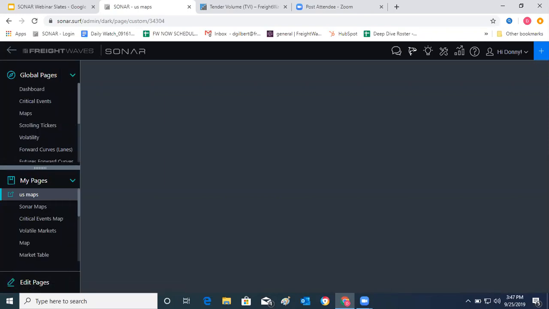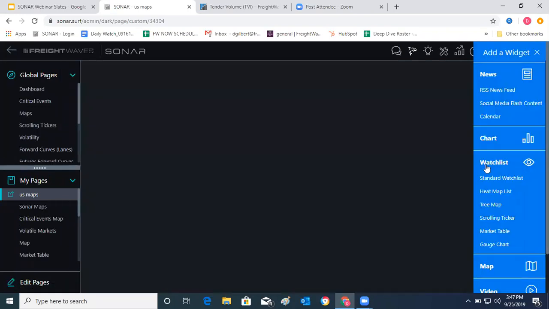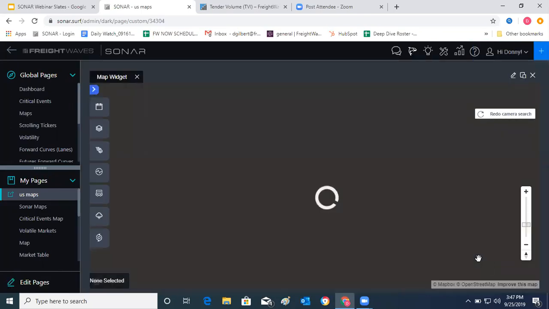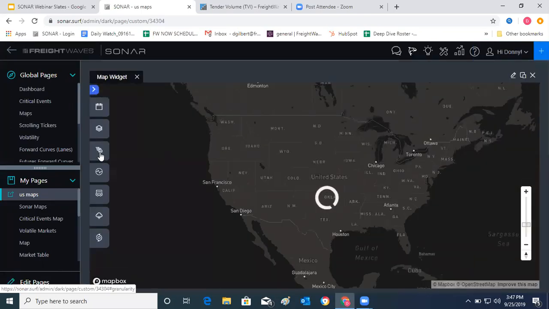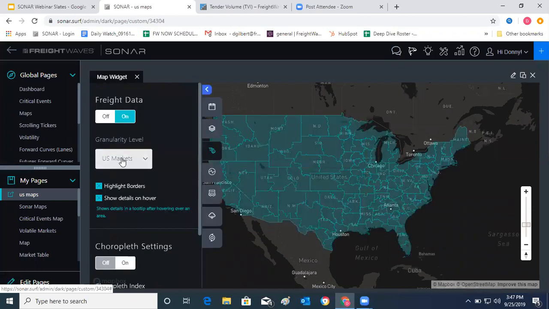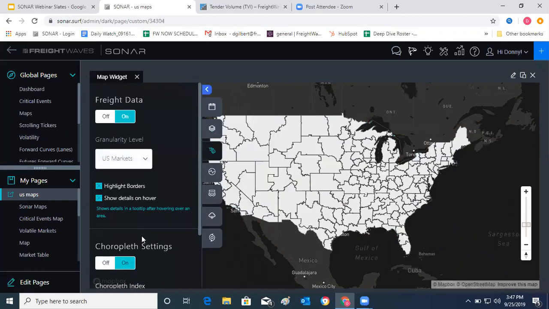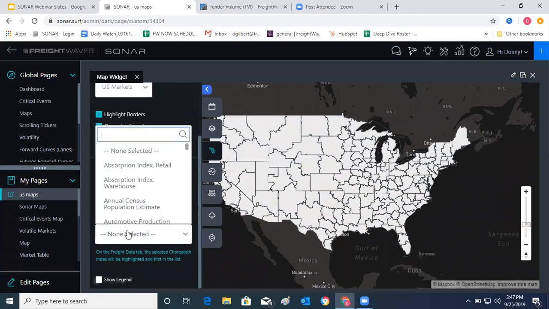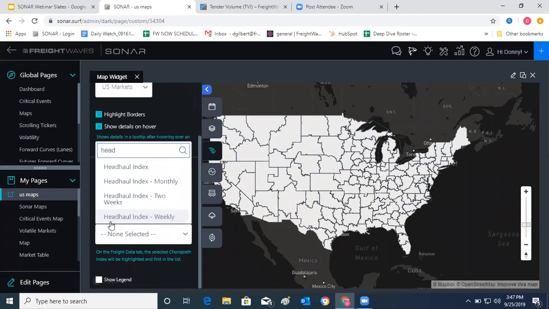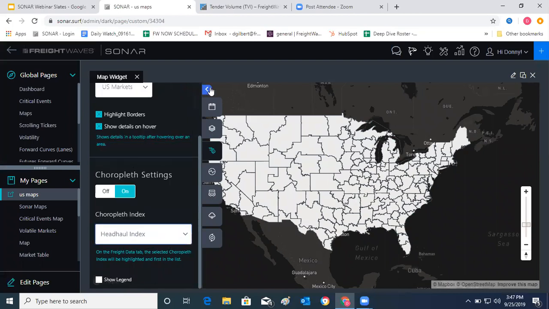Here again, it comes up as a blank page. I'm going to click the blue button. I'm going to go down and choose Map. I'm going to pick the truck, turn my Choropleth settings on, and I'm going to type in Headhaul Index.